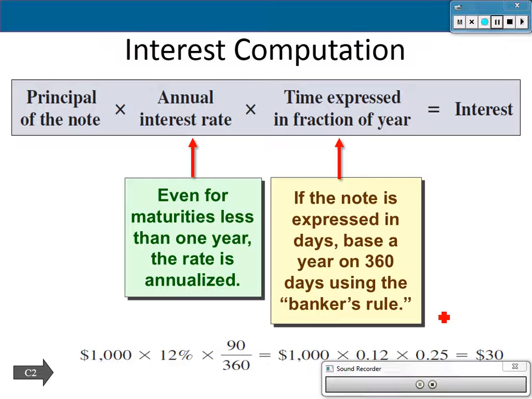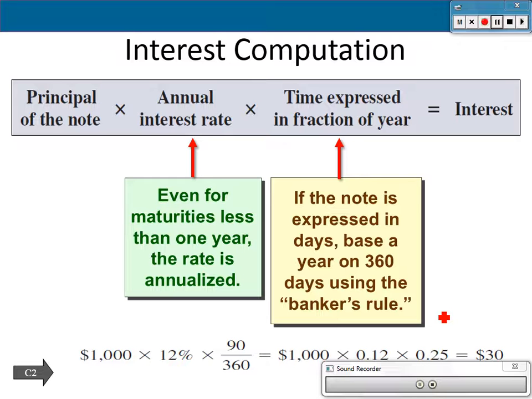To calculate this interest for this example, we take $1,000, we multiply by the 12% interest rate, and then we multiply it by how many days over 360. How many days was the note for? 90 days. So that's all you can express it for, unless it's the end of the year and you still have some time to go before you reach 90 days.